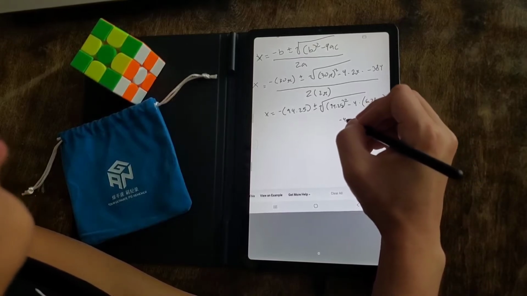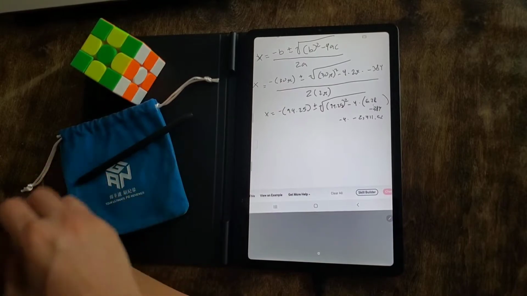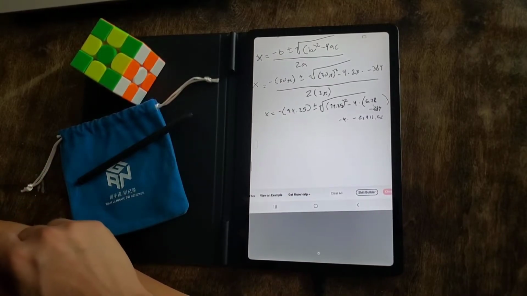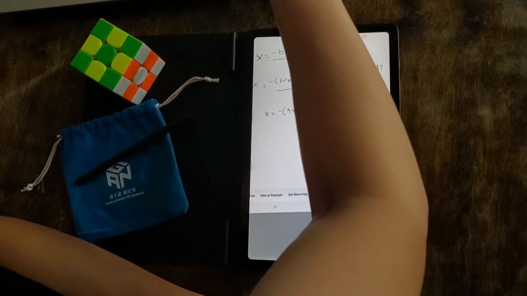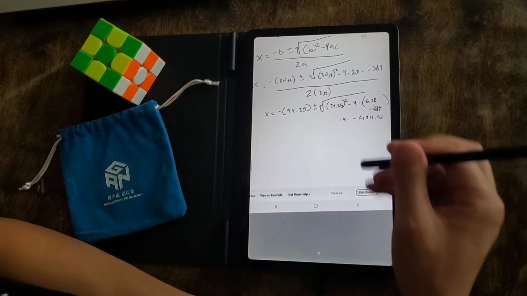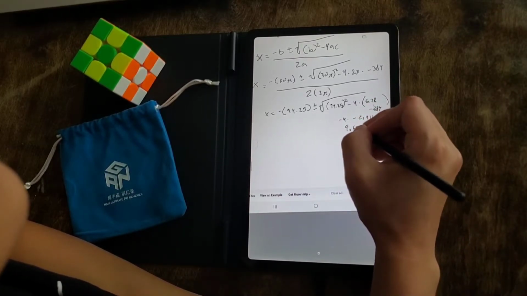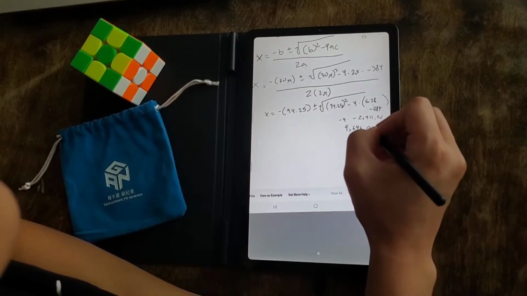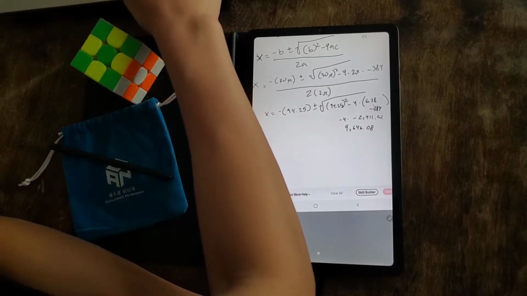Now we still have to multiply that by negative 4. Negative times negative is positive. So when you take 2,411.52 and you times it by 4, your answer will be 9,646.8.